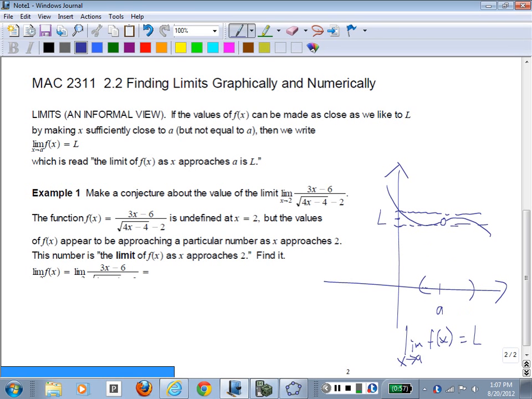If we make the horizontal lines closer to each other, we might have to scoot closer to a to make this happen. But it really looks like if we make x close enough to a, then we can ensure that f of x is as close to L as it needs to be.